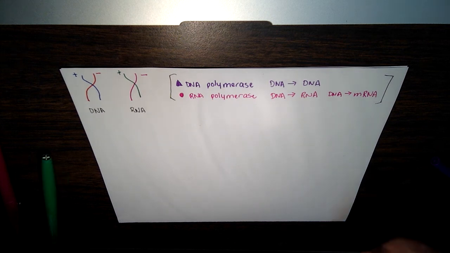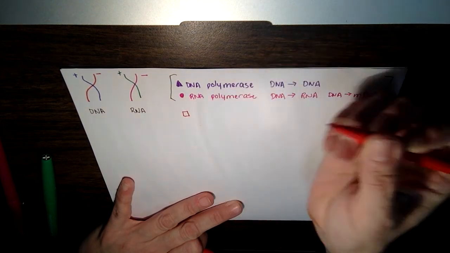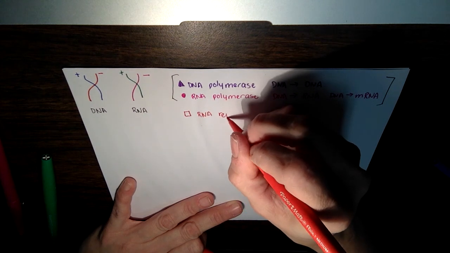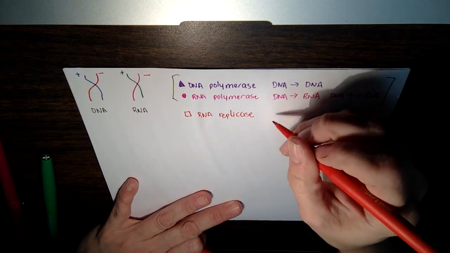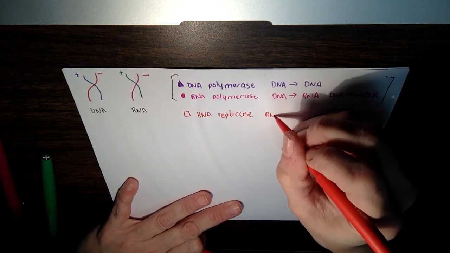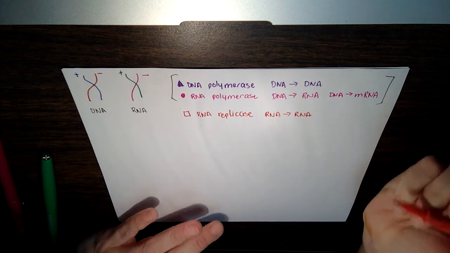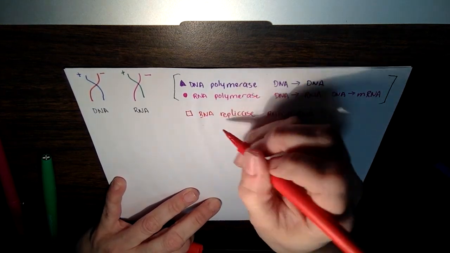Now, we have two more enzymes that are specific to RNA viruses only, and they are, we're going to do an open square for RNA replicase. And RNA replicase takes RNA and it makes more RNA. Okay, it takes a strand of RNA and it makes it into another strand of RNA. So it's going from RNA to RNA, RNA replicase.